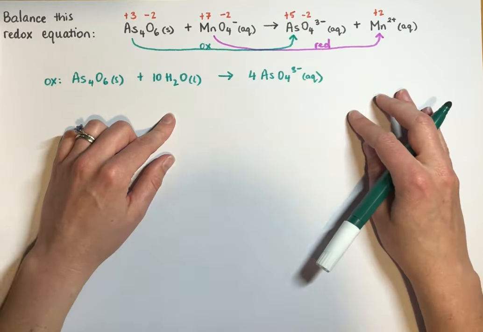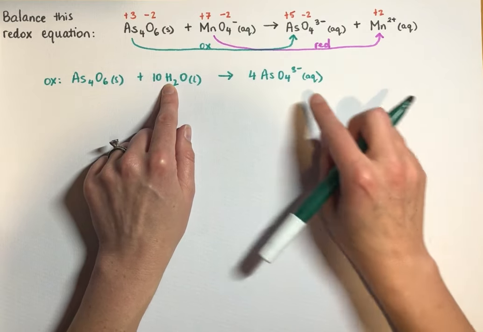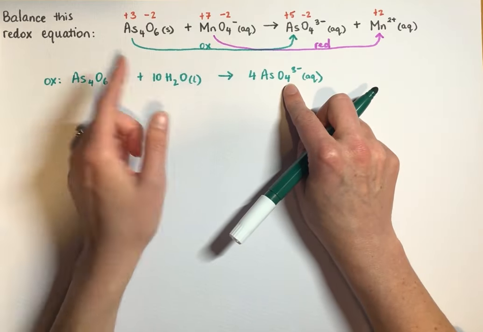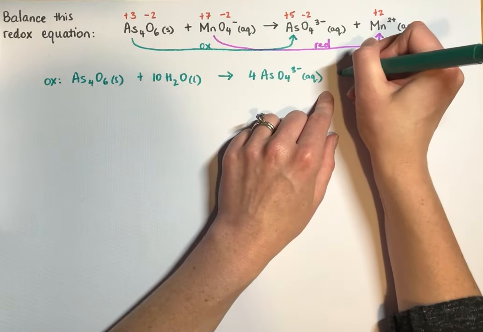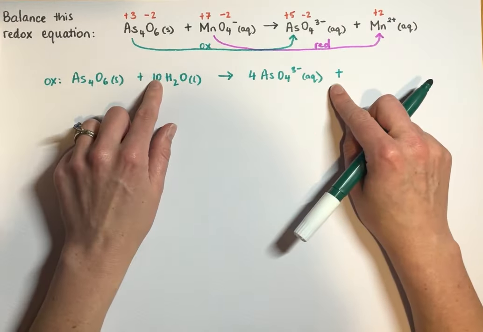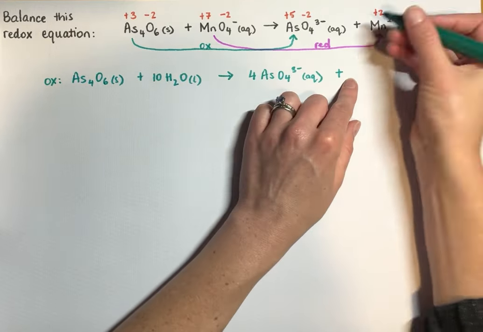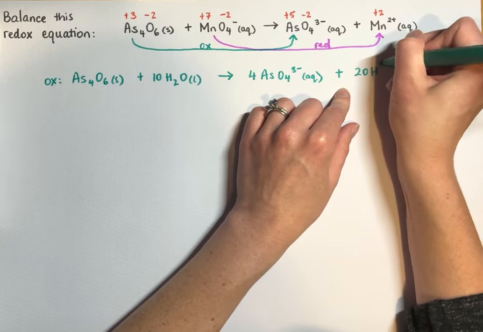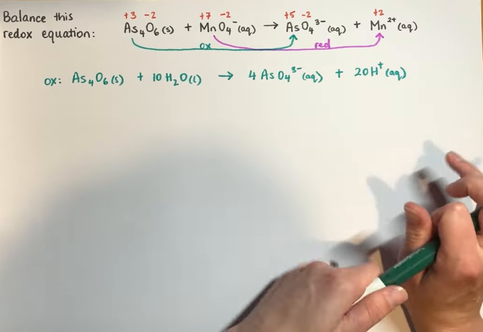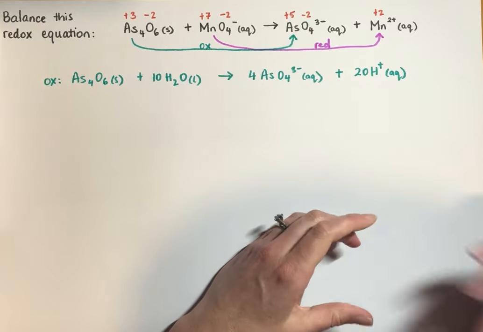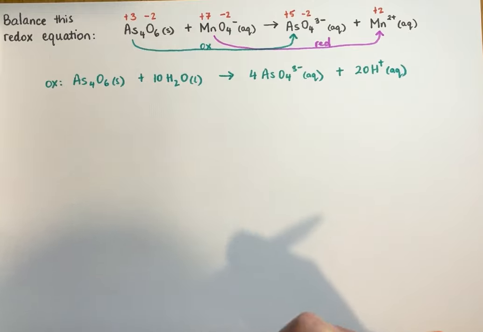But that's liquid. Then, of course, I've introduced some hydrogen. So to balance that, the next thing I can do is to put some hydrogen ions on this side of the equation. So if I've got 10 moles of water with hydrogen in a ratio of 2, I'm going to have 20 hydrogen ions here. Now, the thing about being a redox half equation, let's go for a bright orange, is the electrons.